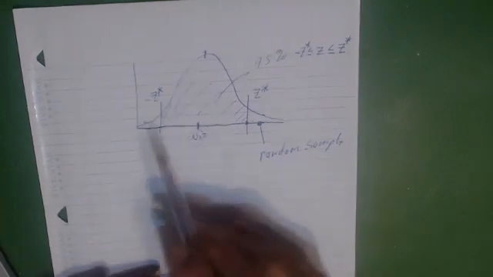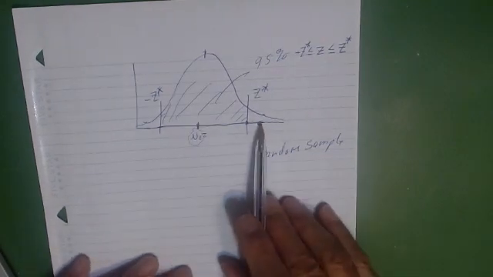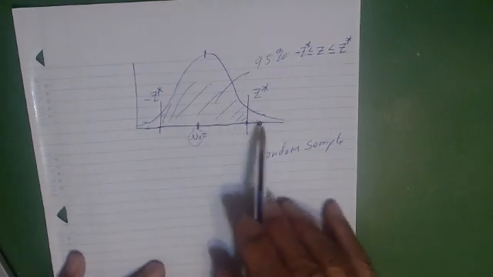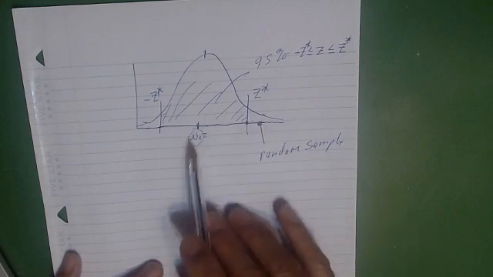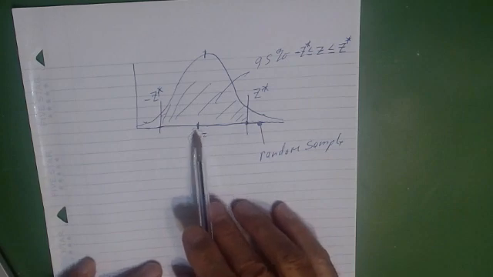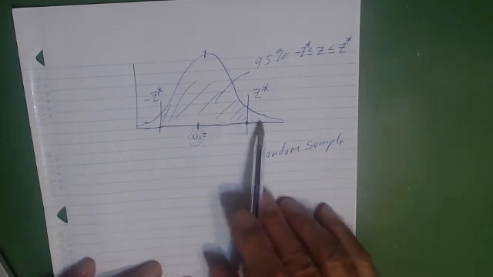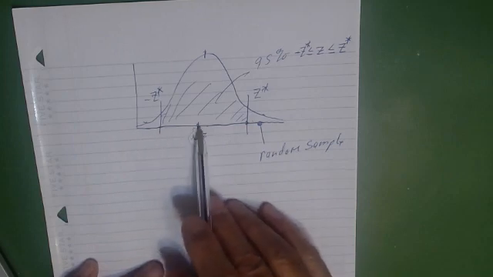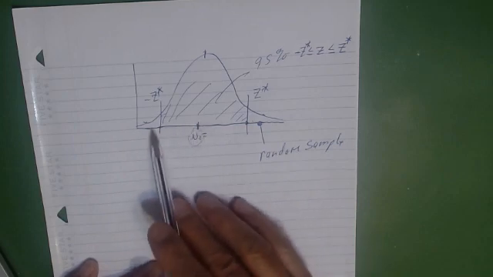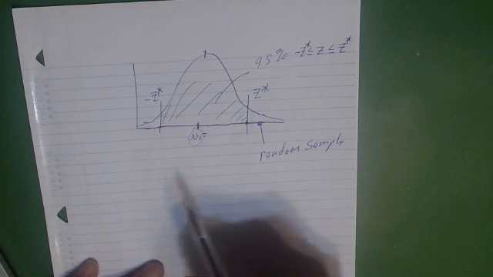Okay, so if our sample lands out here, that's a low probability event. That's a rare event. If this is true, it's going to be very rare that you get something that's this extreme, that's this far away from the mean, okay? So you're going to reject the null.